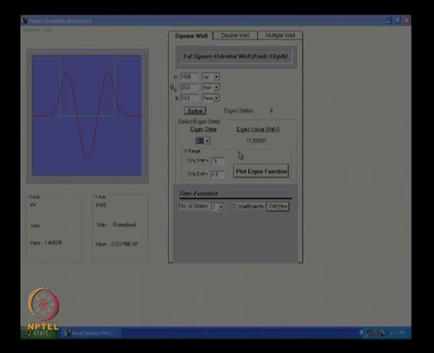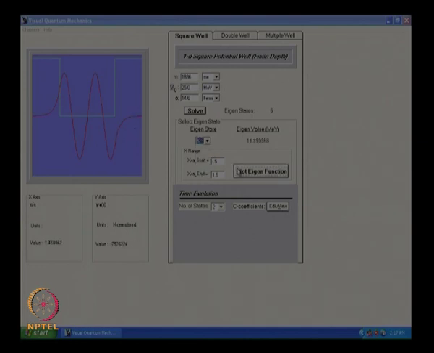So, the fourth eigenfunction has an energy eigenvalue of 11.9 MeV, and it is an antisymmetric function of x. That is, inside the well you have a sine function, and outside the well it is an exponentially decaying function.